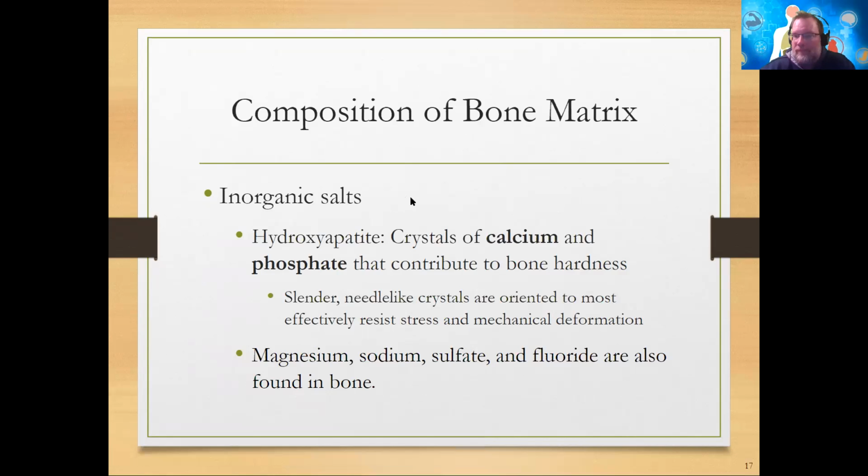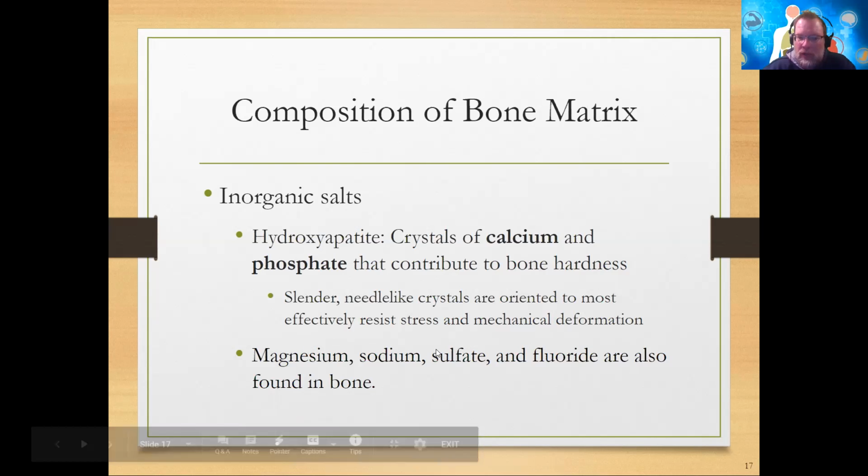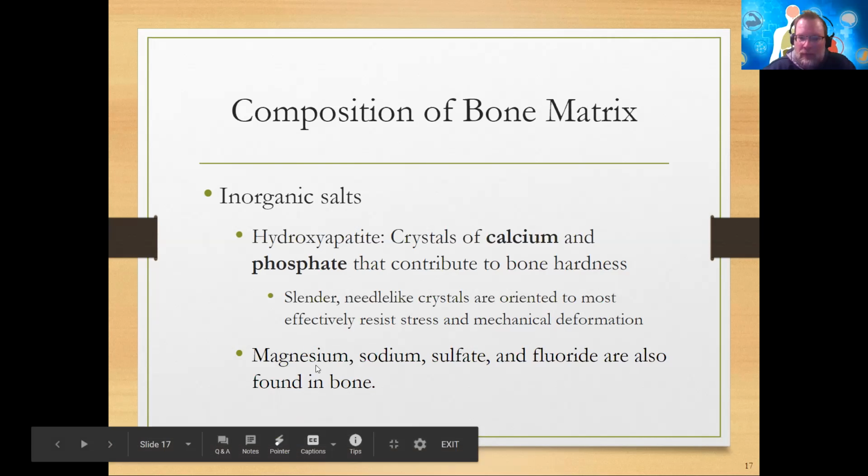Well, we know the matrix is hardened and calcified, so we could probably assume calcium is in the matrix. That's a pretty safe assumption. And there's something called phosphate. We've seen that before. That's also going to be found in the matrix. And then I said a little bit ago, we might find some fluoride, or magnesium, and certainly sodium and sulfate.